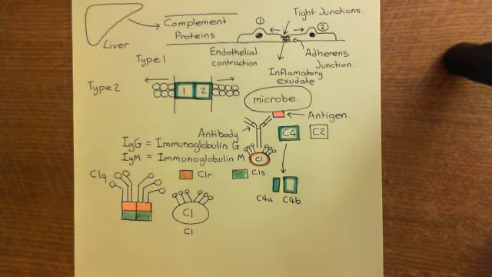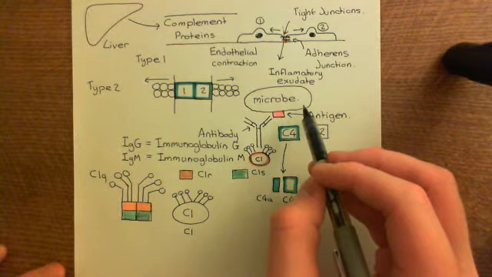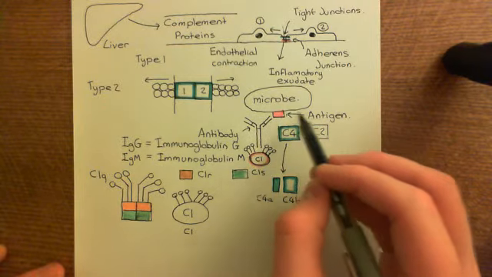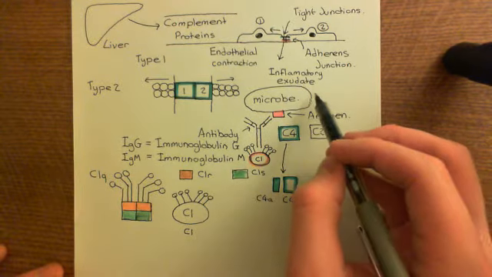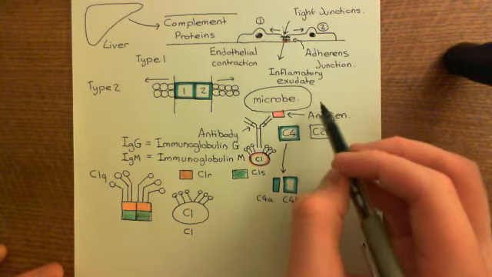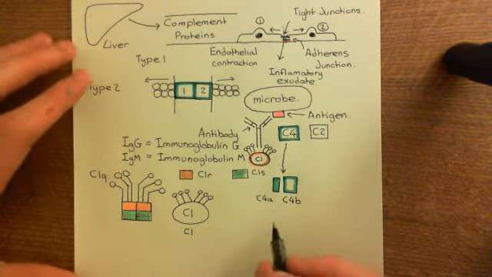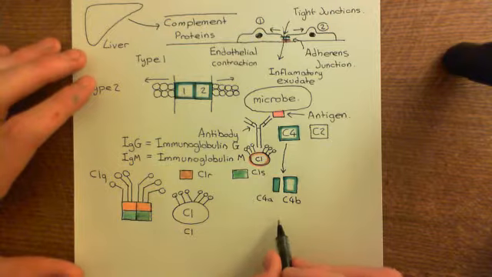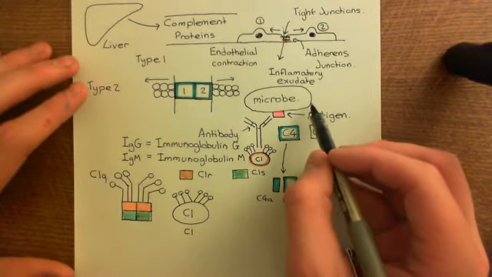Now C4a just diffuses off, but C4b is going to assemble onto glycoproteins which are on the surface of the microbe. I'm not going to show it actually over on this microbe because there isn't space over there, so I'm going to draw another microbe out down here, but you can imagine that it's the same one.